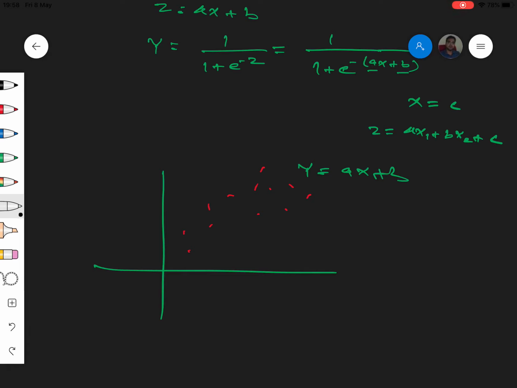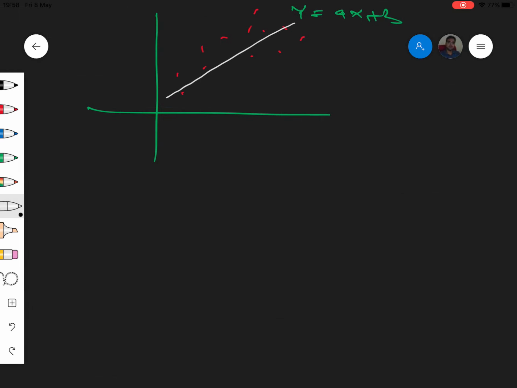We need a straight line which fits this scattering of data with the least amount of error. In the same fashion, the moment you get the values of a and b, you get a straight line for the data of the people which we have taken as white people or brown people.